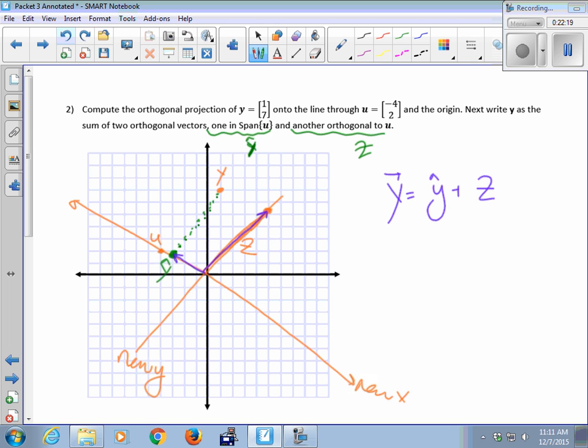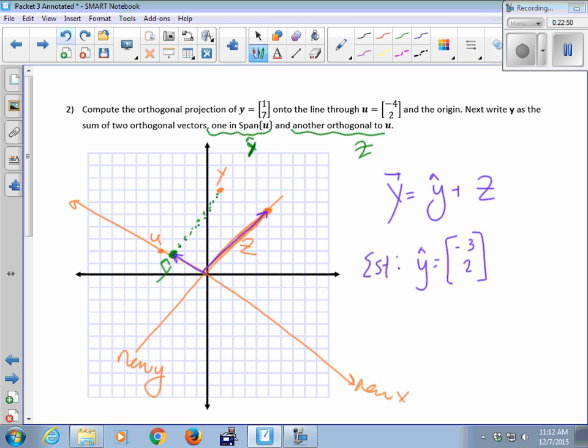All right, so let's just estimate from my picture. Y hat, what does that point look like? Based on this picture, it looks like negative 3, 2. We're going to calculate it in just a minute.